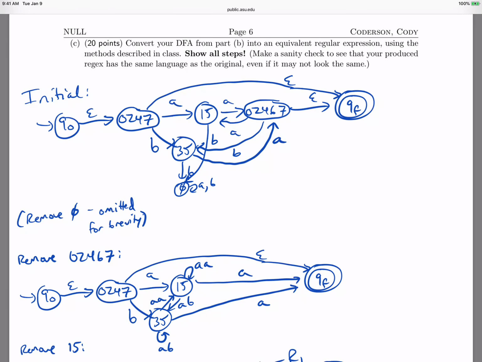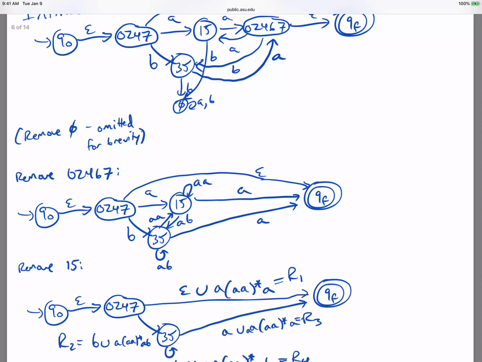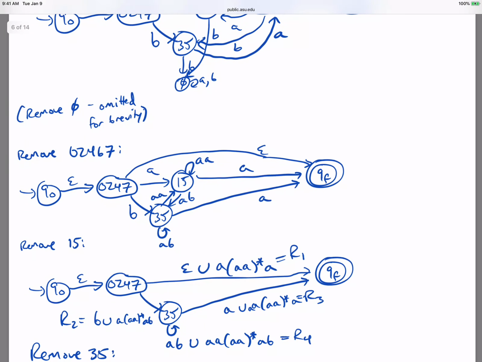We had 2 final states, so the 0247 and the other one, they epsilon to the new final state. And then if you notice, well, the empty set state has nothing coming out of it going somewhere else. So I'm just actually free to delete that state and the police won't be after me. So I just omitted it because it doesn't matter. It doesn't change anything else.